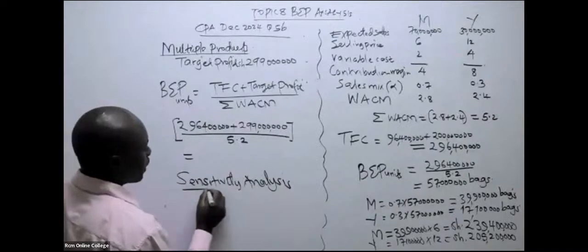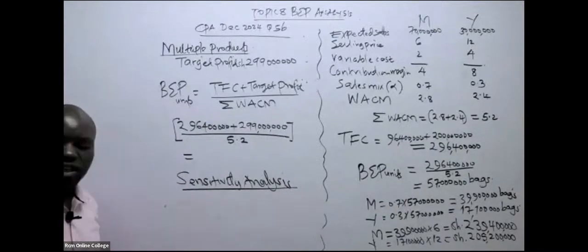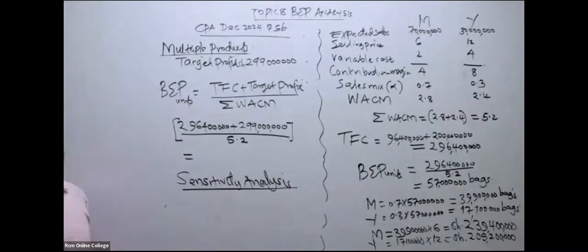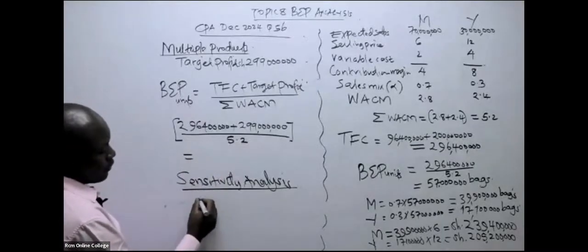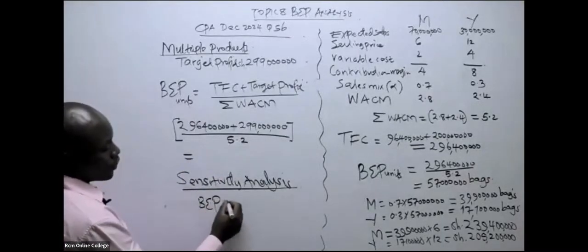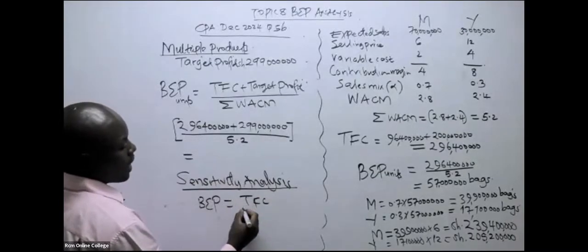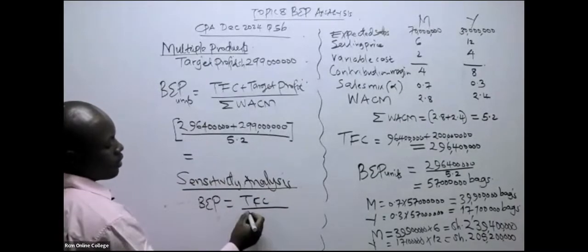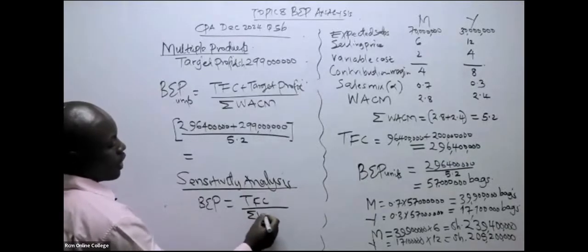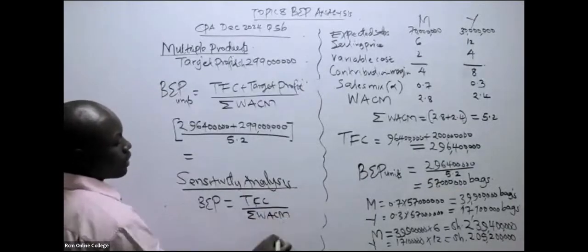Under sensitivity analysis, we change one item at a time. Our formula says break-even point is equal to total fixed cost divided by the summation of weighted average contribution margin.